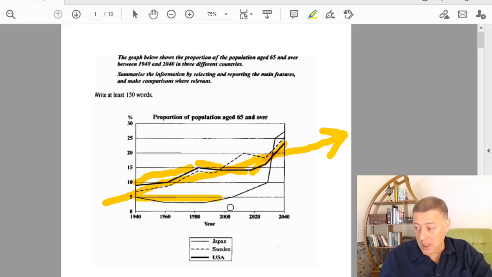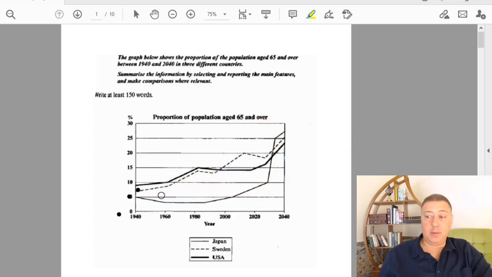So we're up to 4 bits of information, and then a period of slight incline, 5 bits of information, and then a very steep increase, 6, and then this part where the lines cross and Japan, which had previously been the lowest, is now the highest. That's certainly worth mentioning. So we're up to about 8 bits.